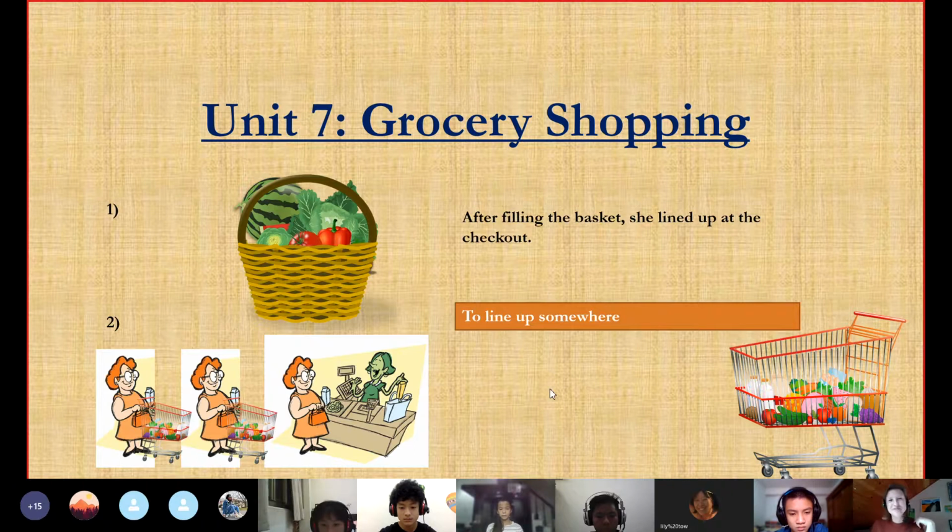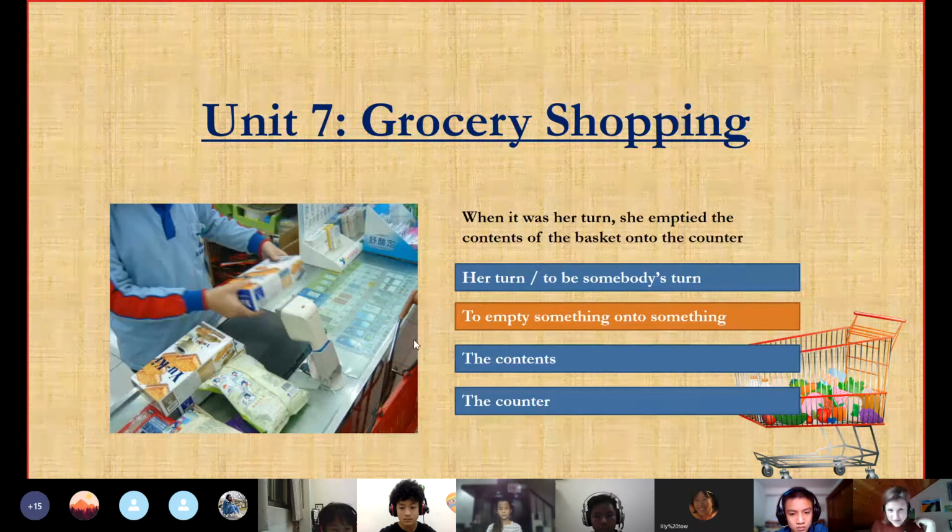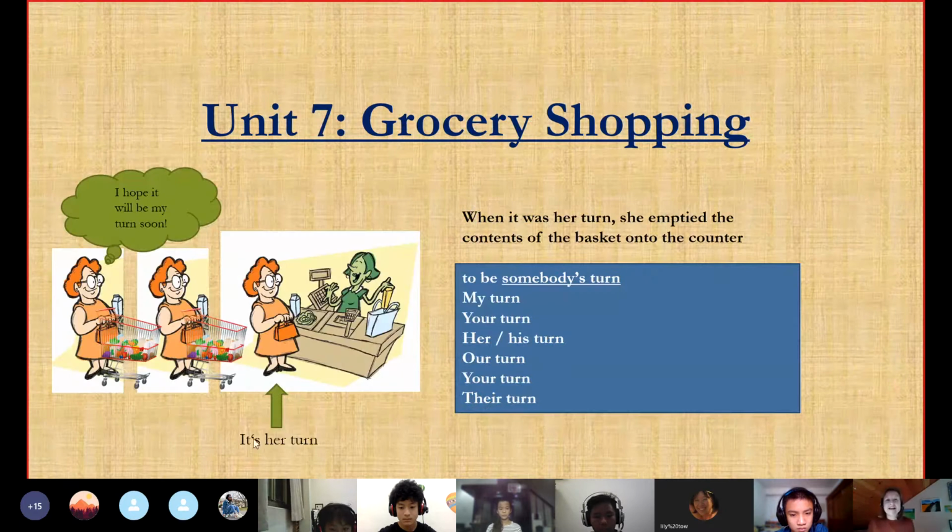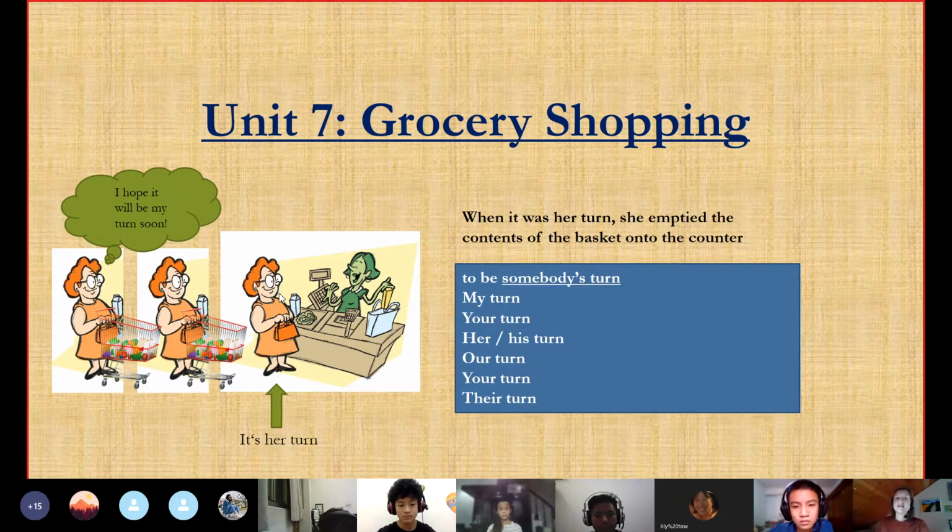another new word, until, I will move forward, it is our turn. Okay, so this is another new word. We wait in line until it is our turn to pay.